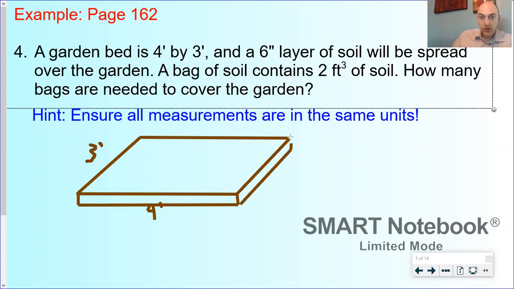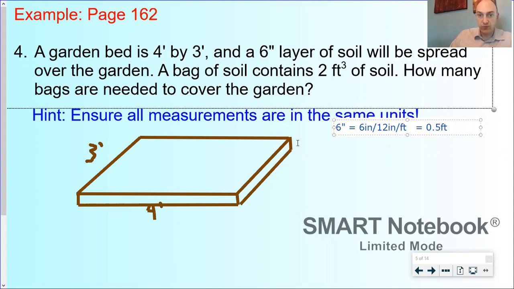And we do need to have all our dimensions the same. So 6 inches equals 6 divided by 12, which is equal to 0.5 feet.